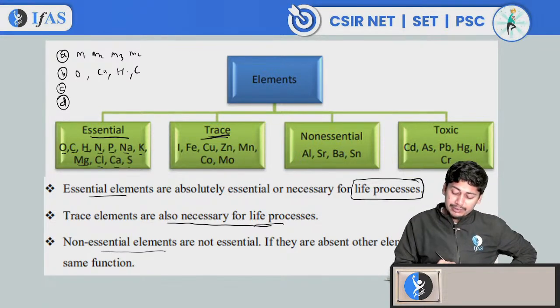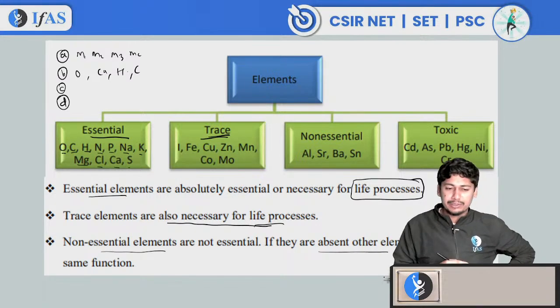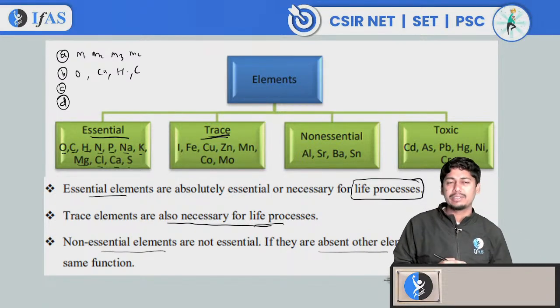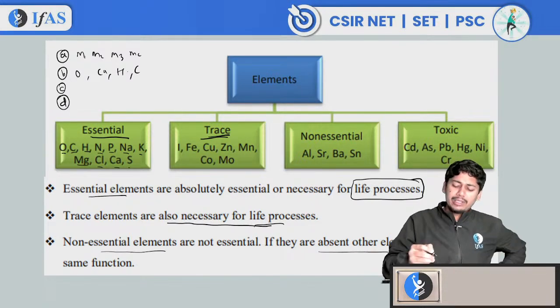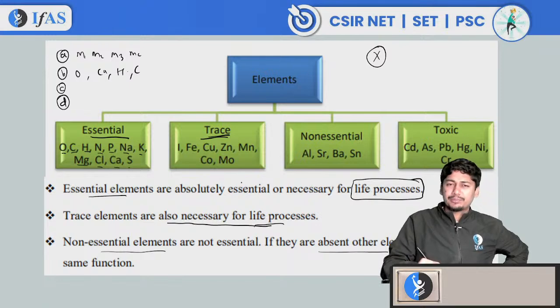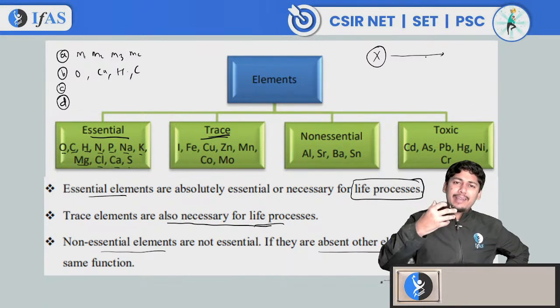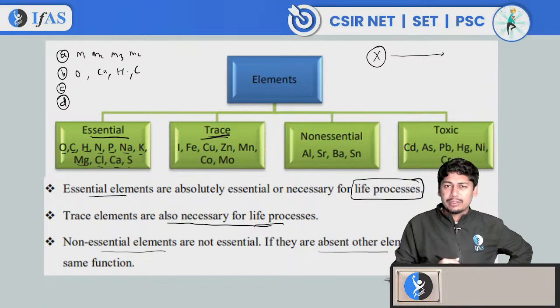Non-essential elements: if they are absent, other elements may serve the same function. For example, let me take an element X. X carries a certain life process that is required.